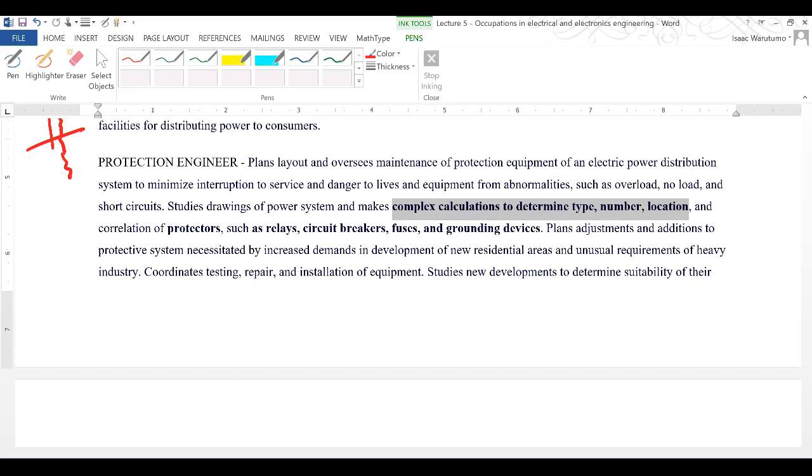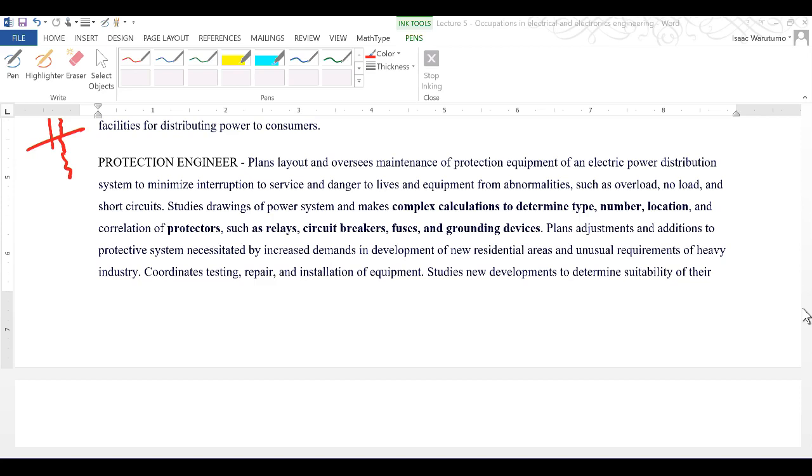Lastly, they plan adjustments and additions to the protective system necessitated by increased demand. The protection engineer does all this: planning adjustments and additions to the protective system necessitated by increased demand in the development of new residential areas and unusual requirements of heavy industry.